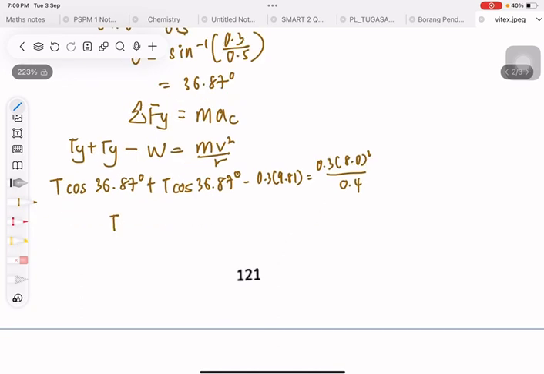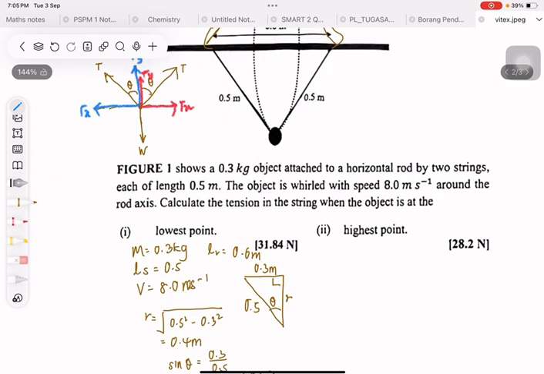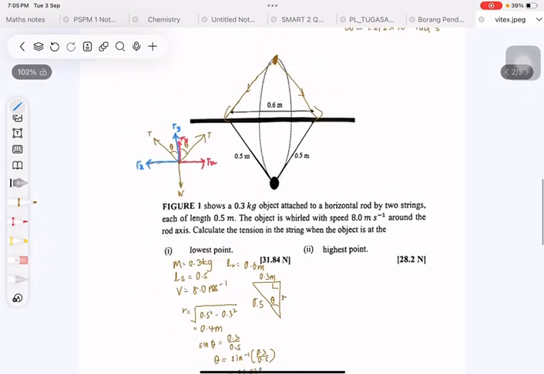We will get T multiplied by 0.8 minus 0.3 times 9.81 equals 0.3 times 8 squared divided by 0.4. So 1.6 T is equal to 50.943, and we will get the tension in the string when the object is at the lowest point, equal to 31.84 Newton.